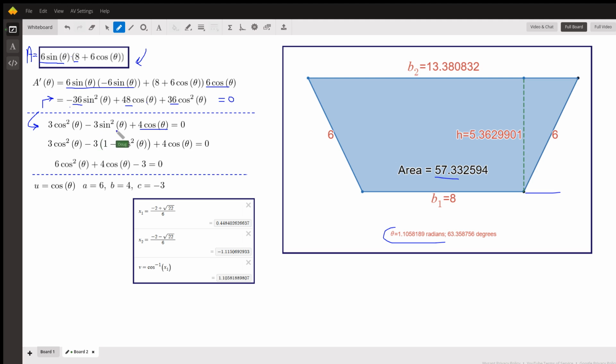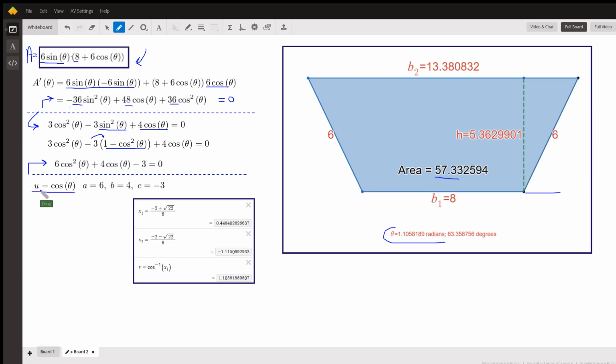So for sine squared, substitute 1 minus cosine squared, distribute the negative 3, combine some similar terms, and there's the equation we want to solve right there. Doesn't factor, so consider using the quadratic formula.